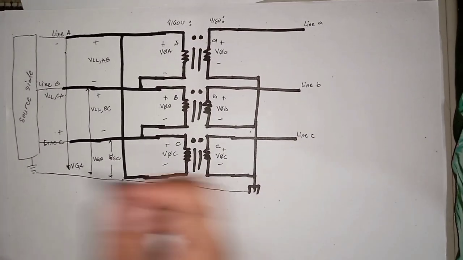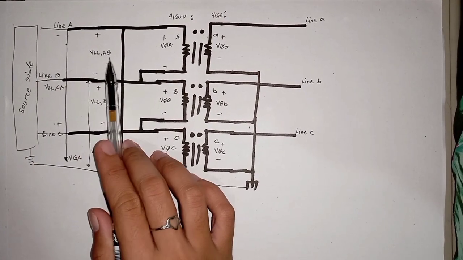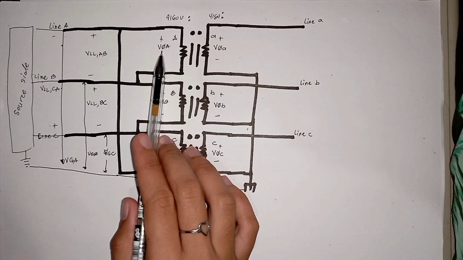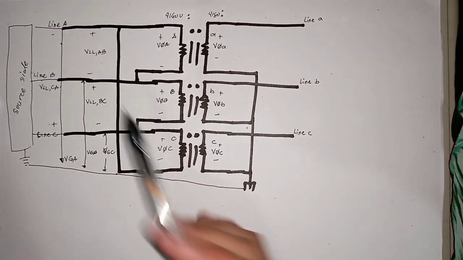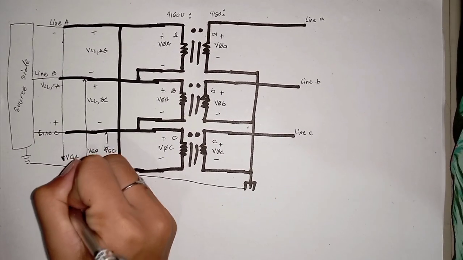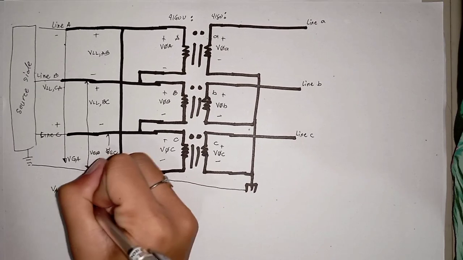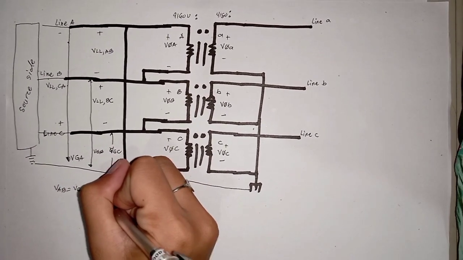In analyzing this, we know that VAB is equal to VGA minus VGB.